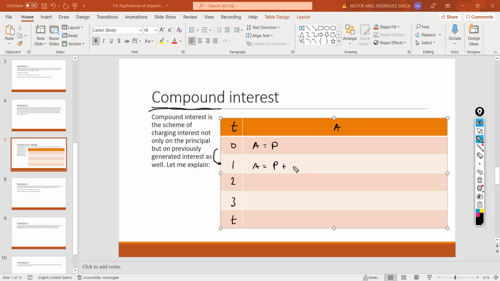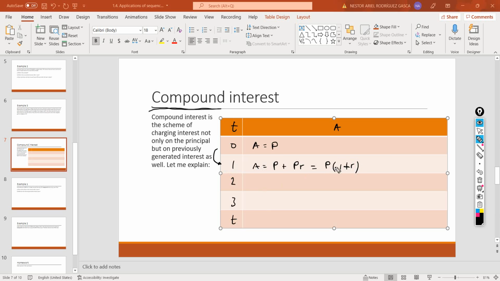How do we charge interest? We take the rate and we multiply it by the principal. So this is the interest, right? Then I can algebraically do the following. I have a P as a common factor, and we have this. Okay, so that is the accumulated amount at year 1.